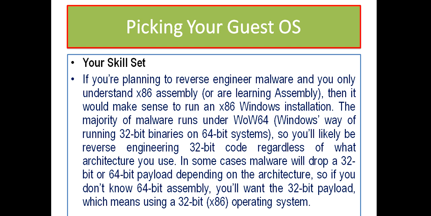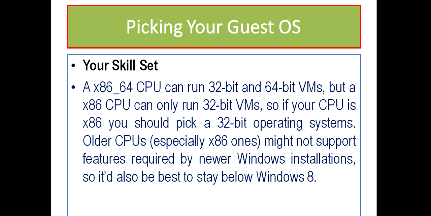Next, an x86-64 CPU can run both 32-bit and 64-bit virtual machines, no doubt. But an x86 CPU can run only 32-bit virtual machines. I hope you have gone through the VMware installation part. There you'll find whether you are going to select 32-bit or 64-bit, and if you want to do so, you can easily do it through the setup portion.